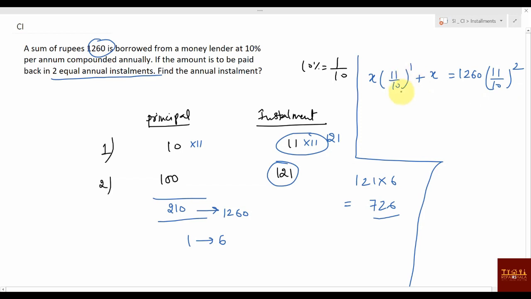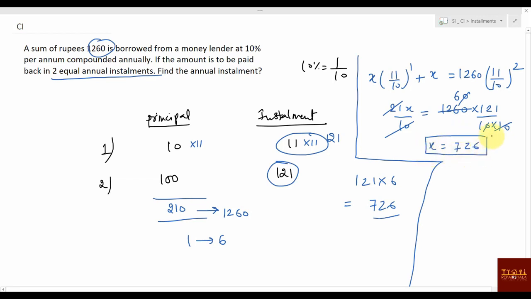Now we can say this will become 1260 into 121 by 10 into 10. So this 10 cancels, then this will become 60. So X value will be... one more 0 is there, so the 0 will get cancelled. So this is 726.